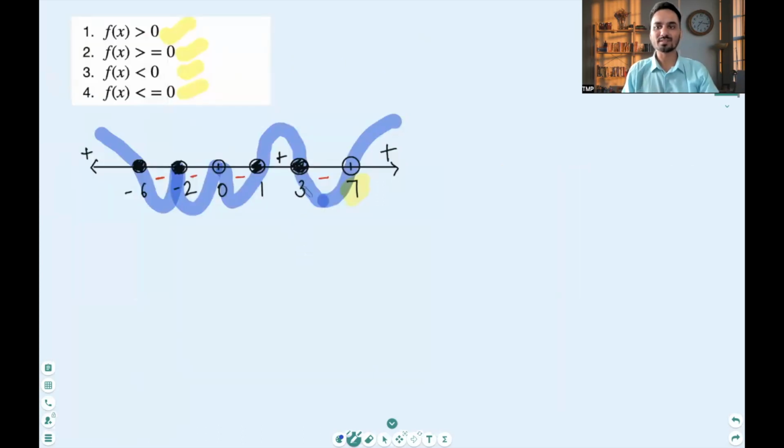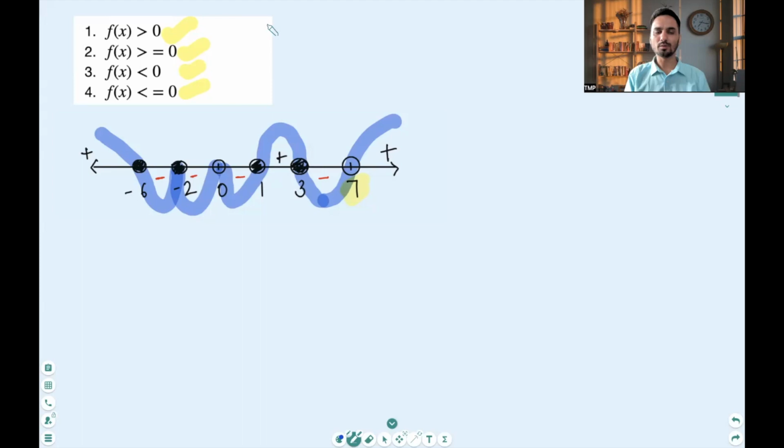Now moving on to the next step, to find where the function is positive, where it is positive or 0, where it is negative, or where it is negative or 0. It is very simple once you are done with the wavy curve, because it will give you all the positive intervals and all the negative intervals, as well as all the points wherever the function is 0. For number 1, we want to write all the intervals where the function is positive and not 0.